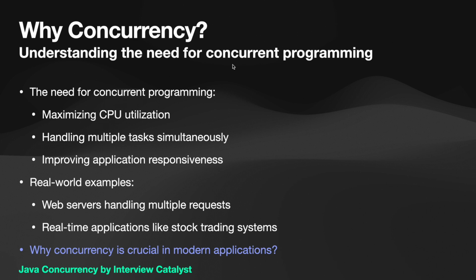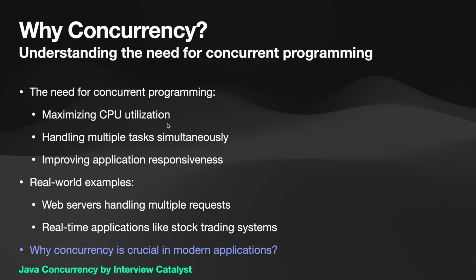So why concurrency is crucial in modern applications? Concurrency allows application to perform multiple tasks simultaneously, which is critical in modern software systems for several reasons. The first reason we have already gone through, the maximum CPU utilization. Modern CPUs are multi-core and concurrency enables application to use all available cores effectively.